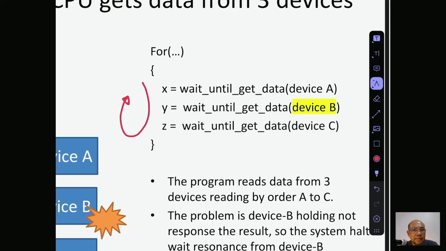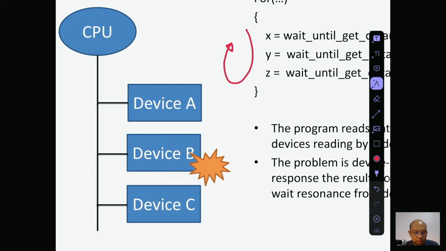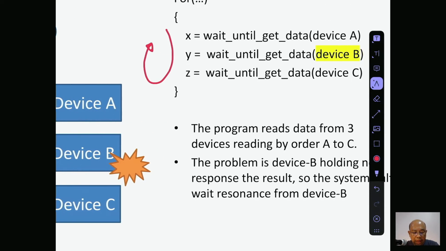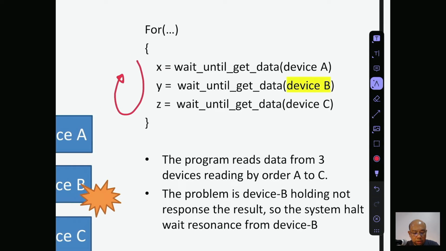During running in each loop, there is a problem when device B is broken and stops sending the result to the system. Maybe the system will collapse or hang because it is waiting on this line until the device responds. This is a main problem when you use a computer.